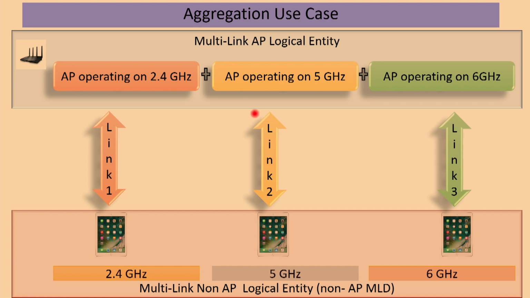Okay? So while we have the AP MLD, we also have the non-AP MLD, shown maybe not so clearly at the bottom of the screen here. So that's the station side description, where you have a multi-link device on both sides of the connection: AP side, AP MLD, station side, non-AP MLD.